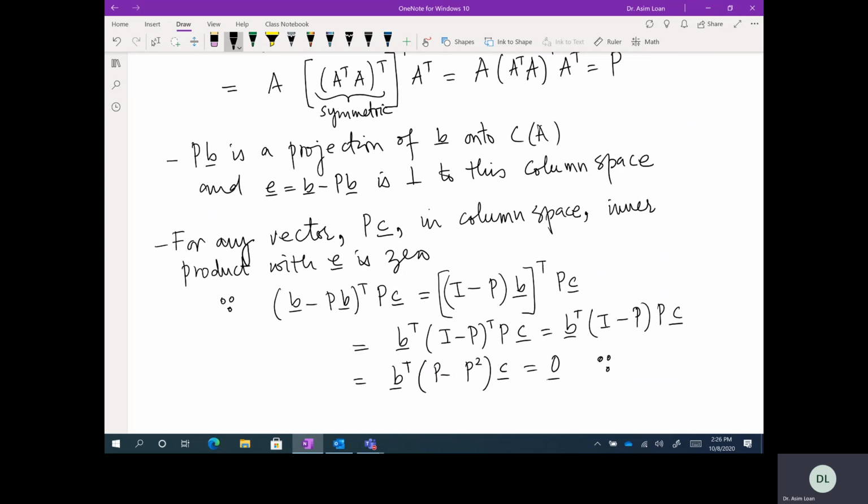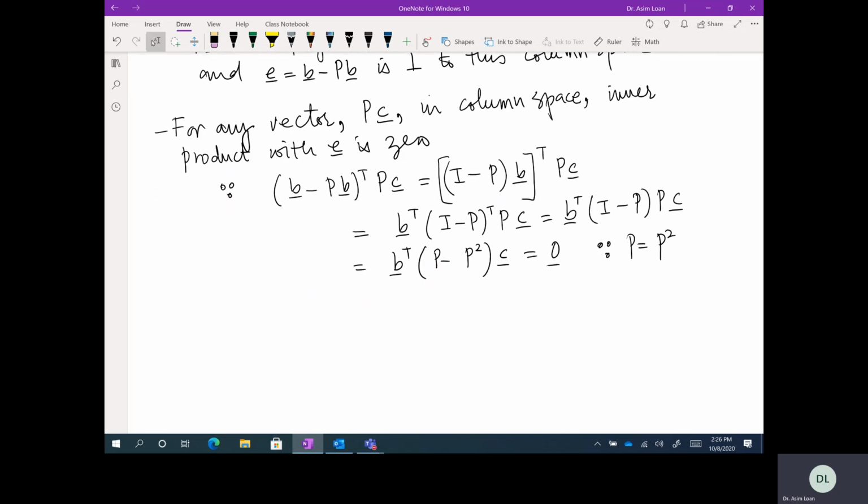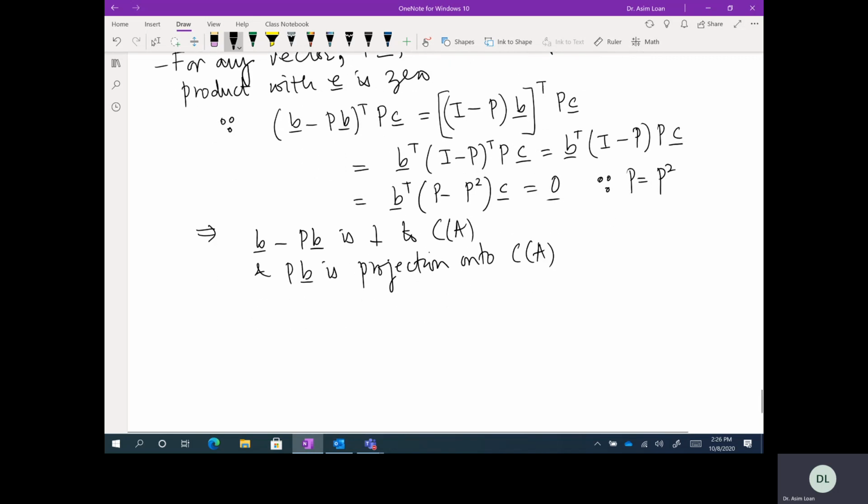Why? Because P equals P squared. Right? So this is orthogonal. So this implies B minus PB is orthogonal to the column space of A, and PB is the projection onto the column space of A.